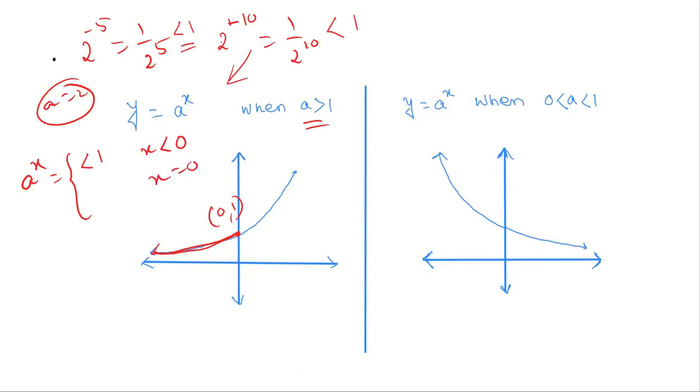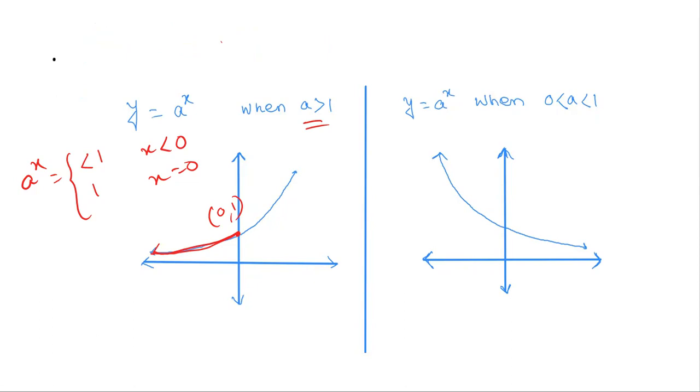Now what if x equals 0? Then a to the power 0 is 1. And if x is greater than 0, for example taking a equal to 2, then 2 to the power 5 is 32, which is greater than 1.